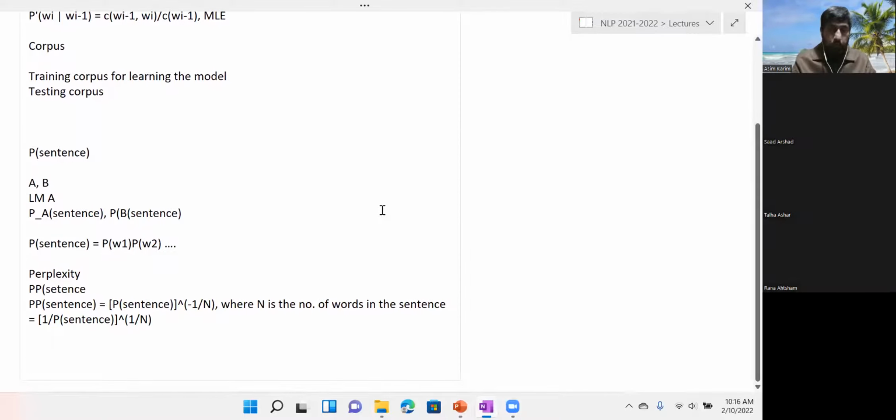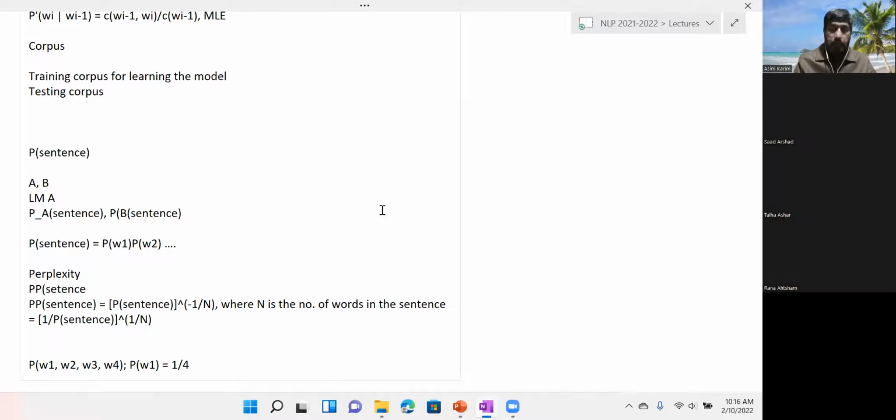Just to take a quick example, let's say I'm talking about a unigram language model, and you have 4 words, W1, W2, W3, and W4, right? And we say that the probability of each of W1, W2, W3 is uniform, which would mean that it's 1/4, right?